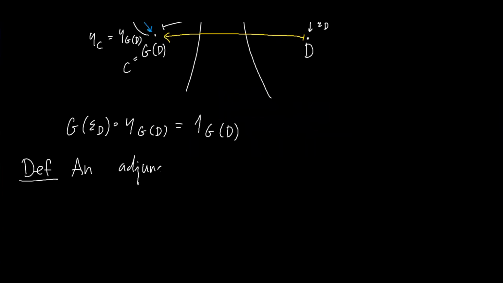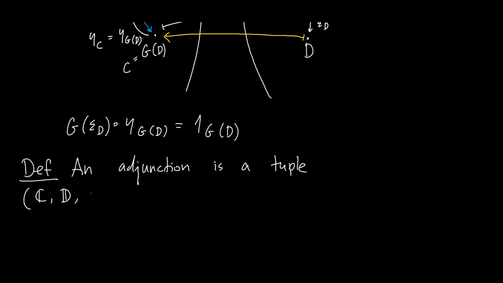An adjunction is a four-tuple consisting of two categories C and D. Well, actually not four-tuple, but six-tuple. So let me just call it tuple.